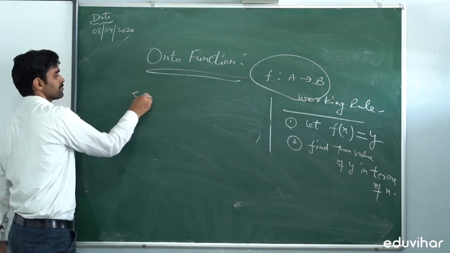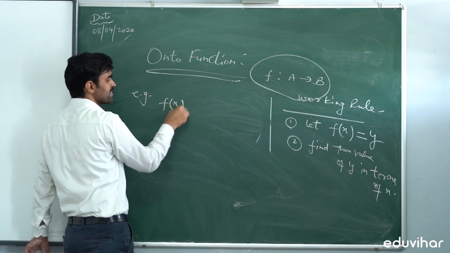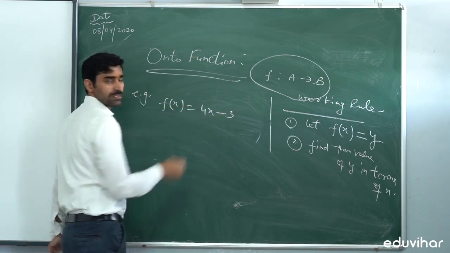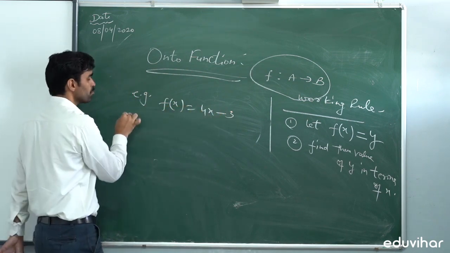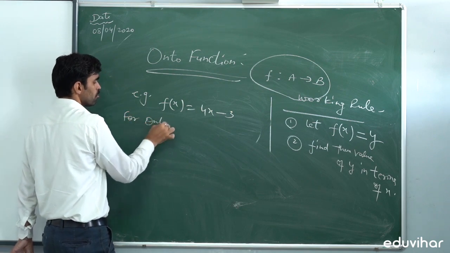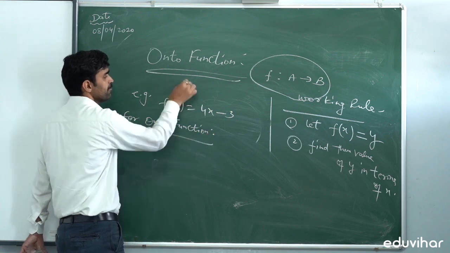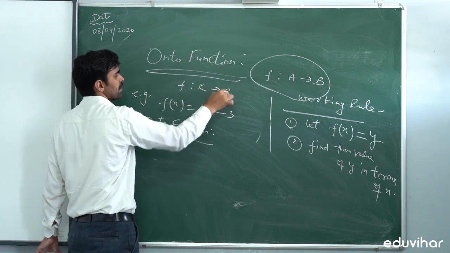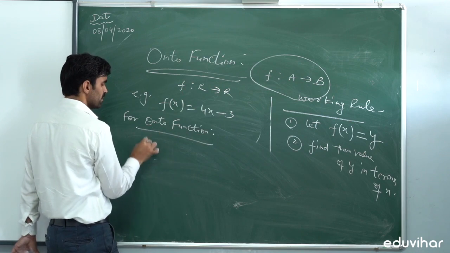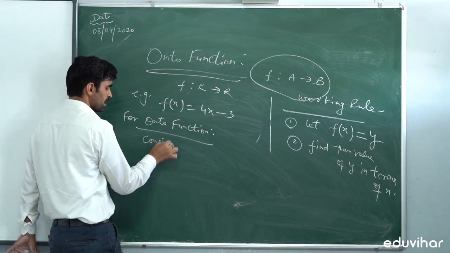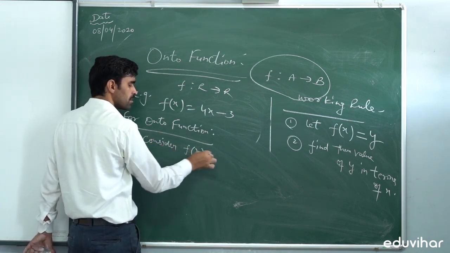For example, if f(x) equal to 4x minus 3, and the function goes from set of real to real, is it onto? Consider f(x) equal to y.